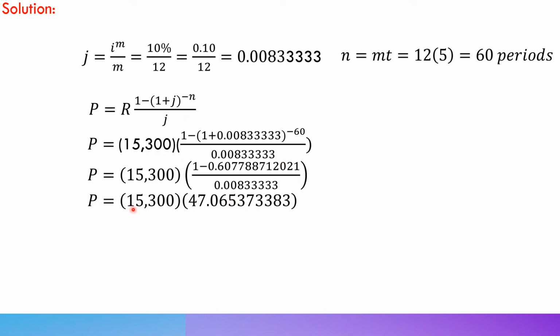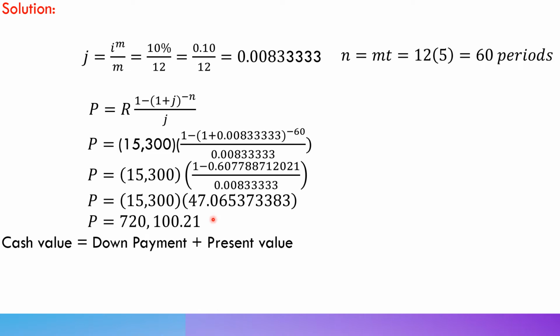So we have 15,300 times 47.065373383. And then multiplying these two, we come up with this answer, 720,100.21.